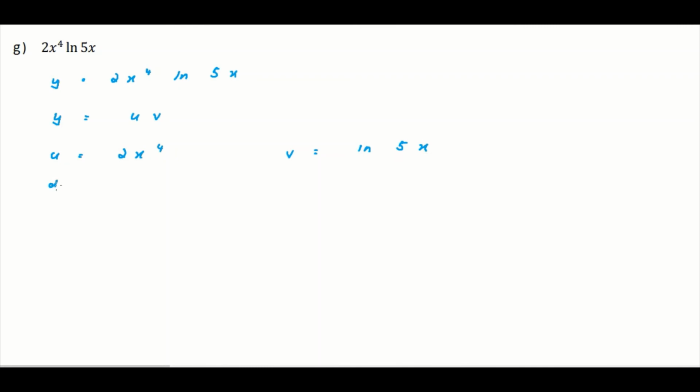So du/dx gives you 8x cubed, dv/dx gives you 5 over 5x, which is just 1 over x. Okay, so now you can continue by doing your differentiation.